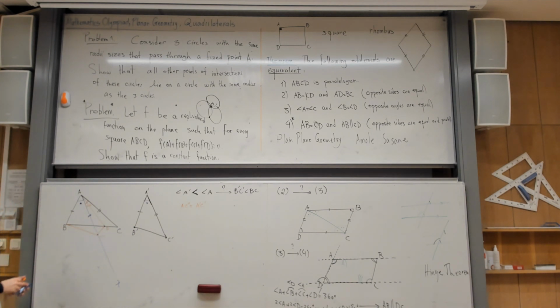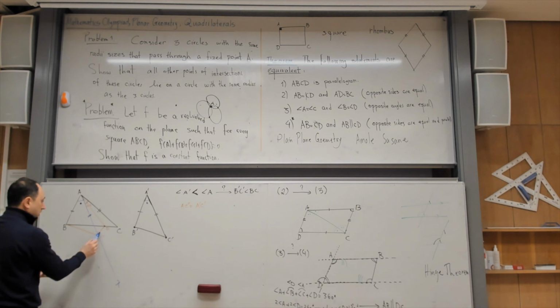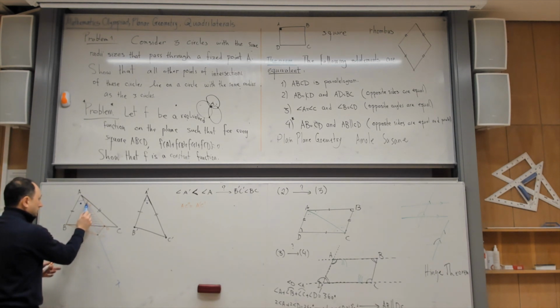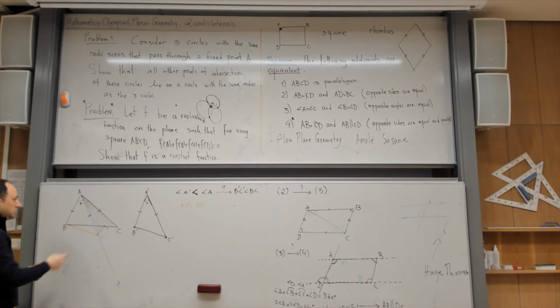Okay? But what I want you to tell me, case by case, do you agree that this triangle, constructed in this way, is congruent to this triangle? And why is that? It's clear, yes? AD is in common. Angle alpha and angle alpha are the same based on my own construction.